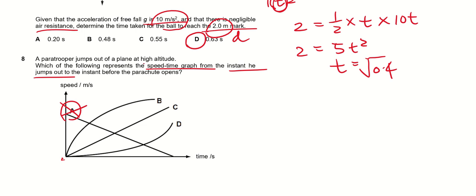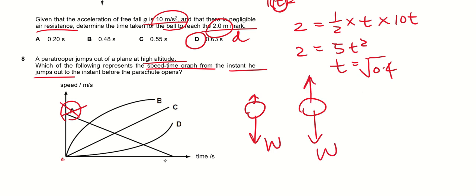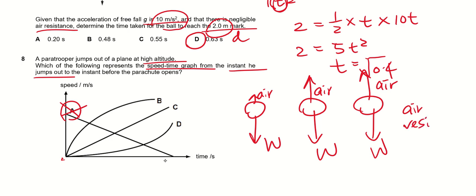Because it's at high altitude, that means there's going to be air resistance. Air resistance is going to keep increasing as he continues to fall, because air resistance increases as speed increases.